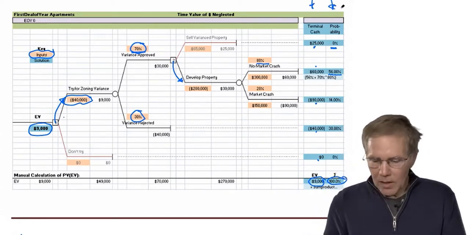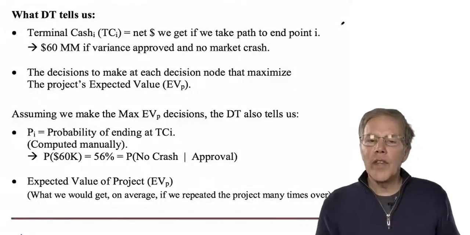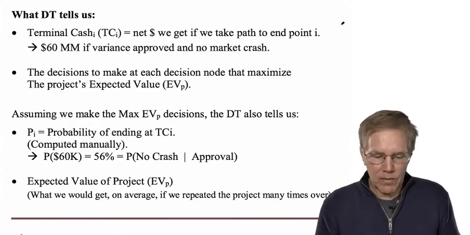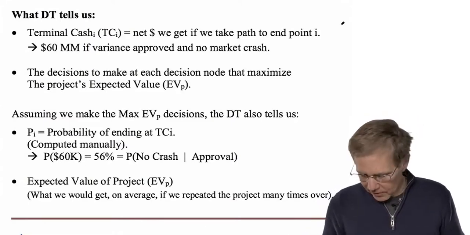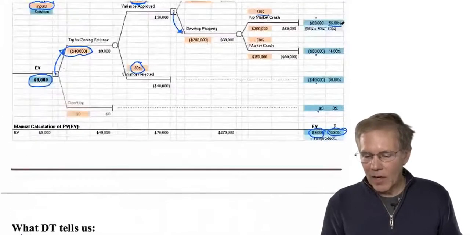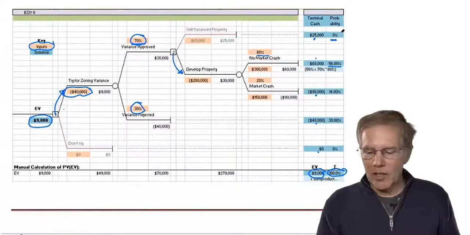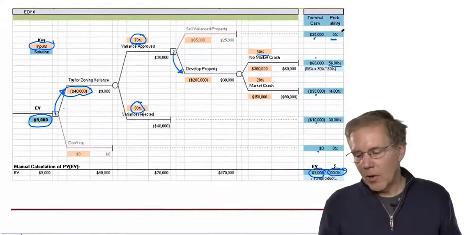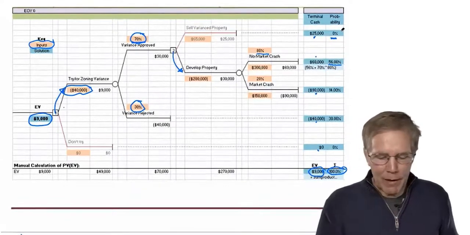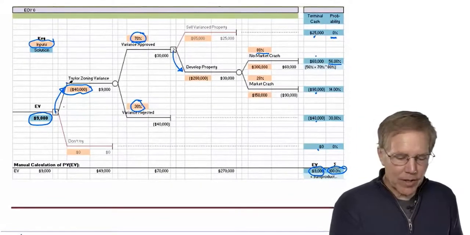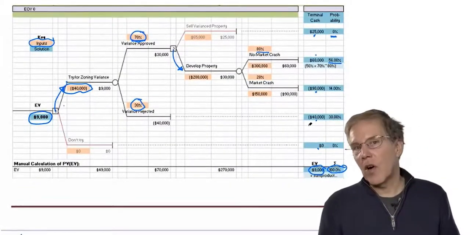Okay, so I'm going to keep moving on here and think a little bit now about what the decision tree is telling us, okay? So as I said, at every branch, it's telling us at the end, on the right-hand side, the net cash we would wind up with by pursuing this project if we get to that node, okay? So for example, if we try for the variance and it gets rejected, we're out 40,000 because it cost us 40,000.